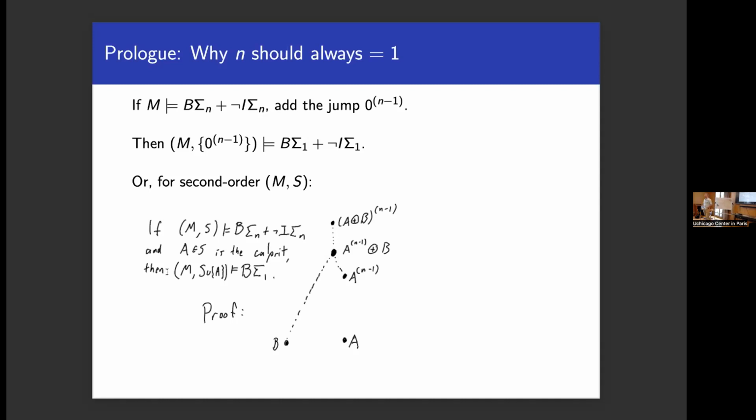That's all. So there is no problem. I don't know what we're using here, some likely formalized version of Post's theorem. That's all. It should work up to exactly this level, B sigma n. It'll break down after that, I suppose.